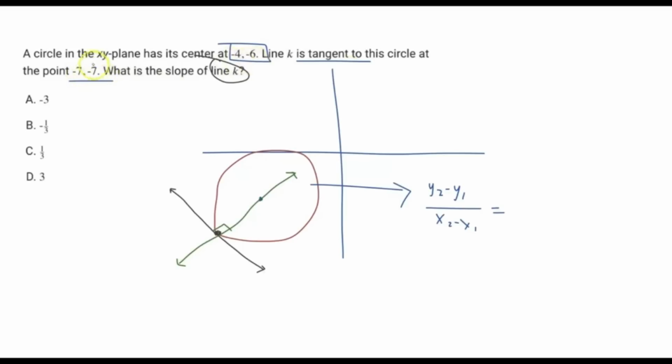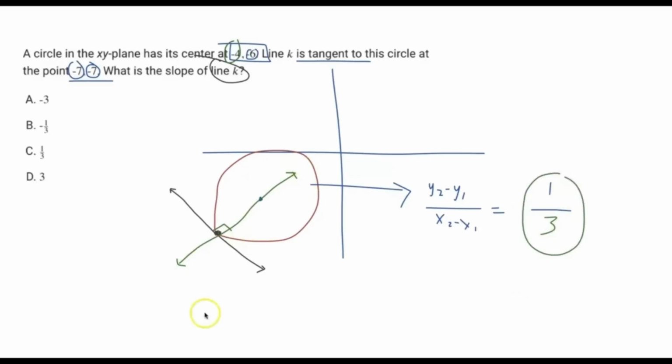The change in y, from -7 to -6, is a change of +1. So +1 on top. Now the change in x, we're going from -7 to -4. That's an increase of +3. And so we know the slope of this line is 1/3.